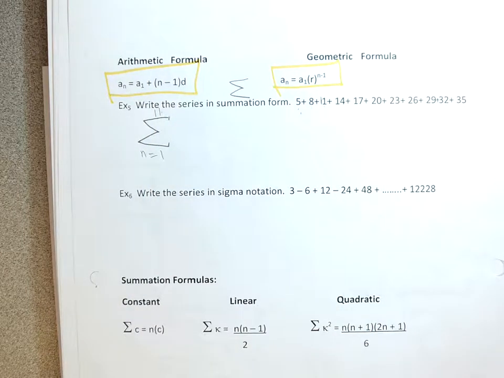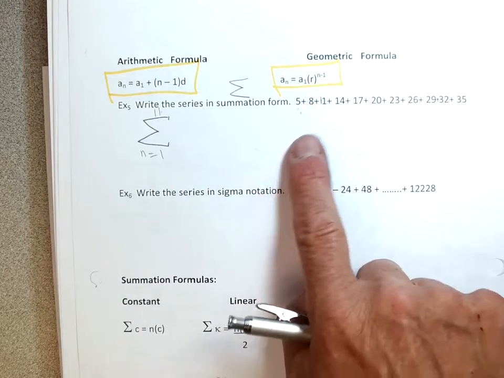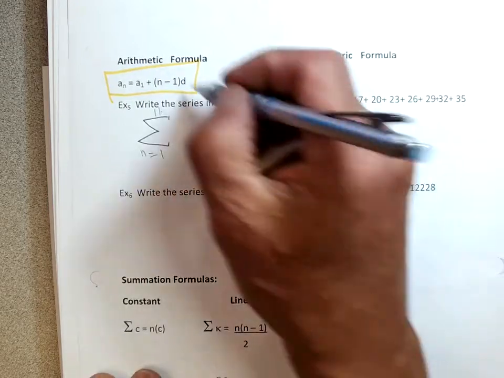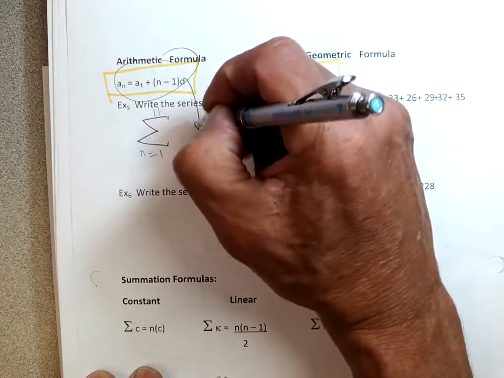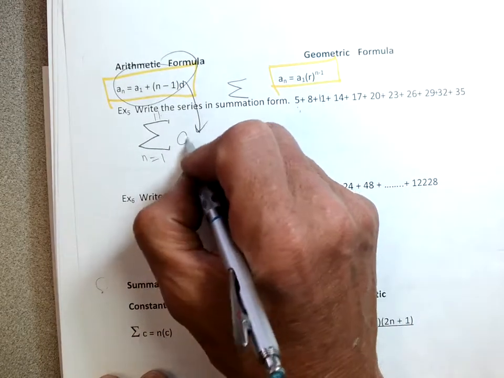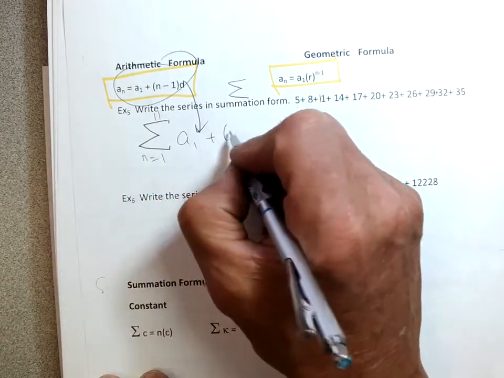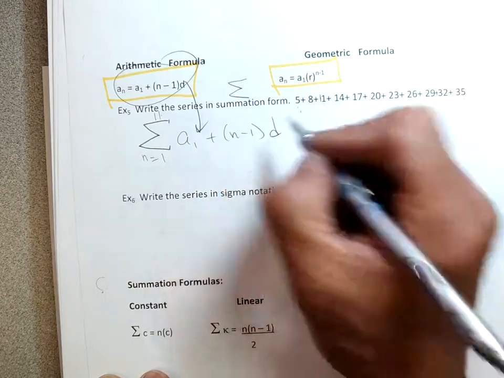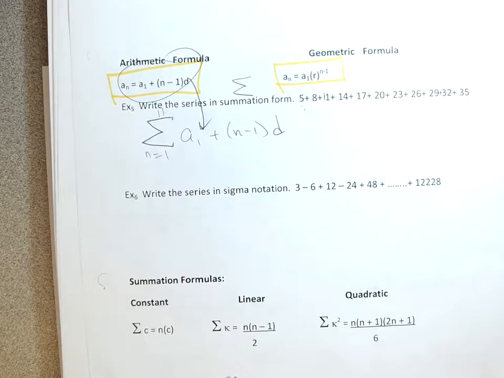Is this arithmetic or geometric? It's arithmetic, right? So let's put this formula down: A1 plus n minus 1 times d. If it's a formula, I need a variable, and the variable I want to use is n.